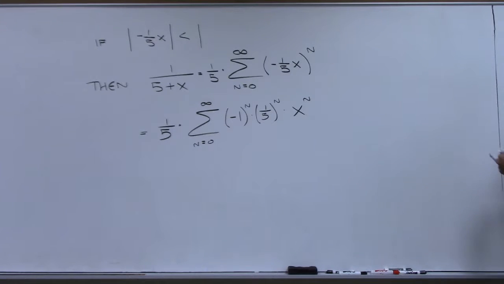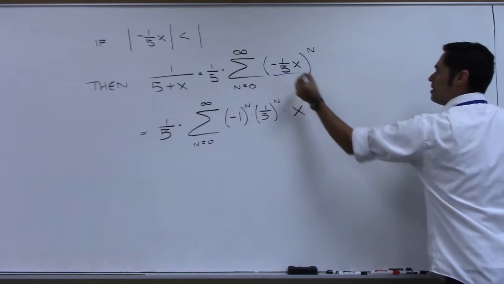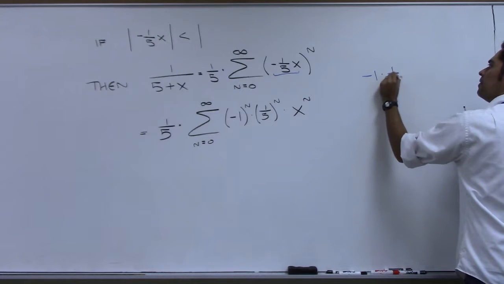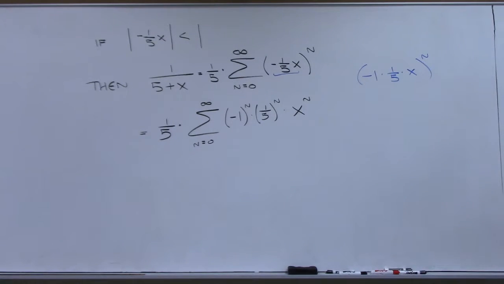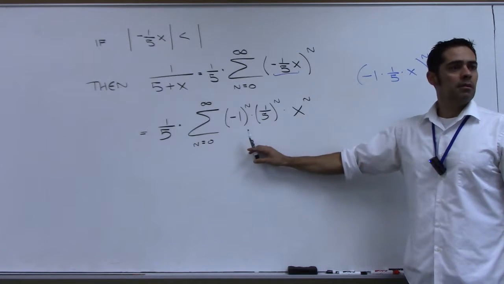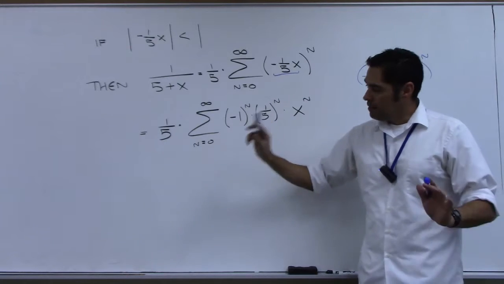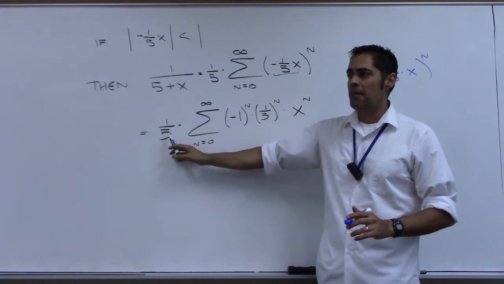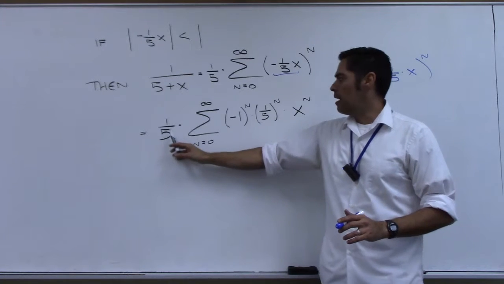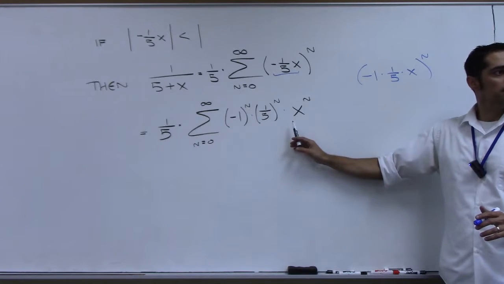Peeled everything apart. That's right. I realized that that's the same as negative 1 times a fifth times x, right? All to the n power. And then just did the power on each one. Is that okay? Now, the reason why I peeled the 1/5 away from the -1 is because I have a 1/5 out here. Can I bring that 1/5 back in? What do you think?